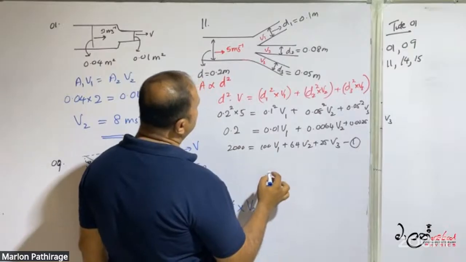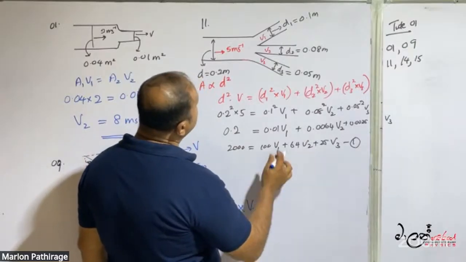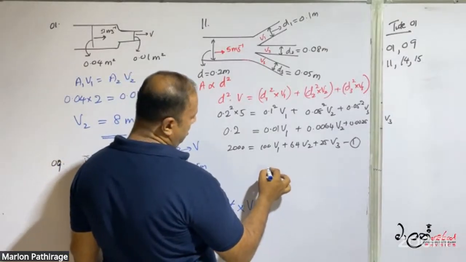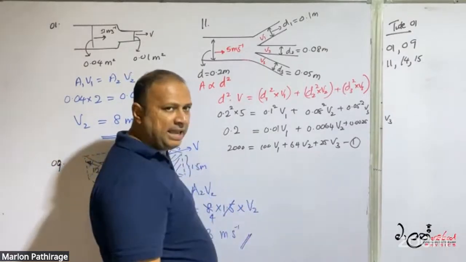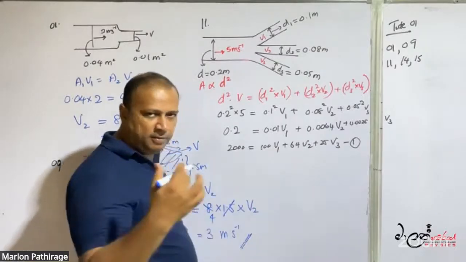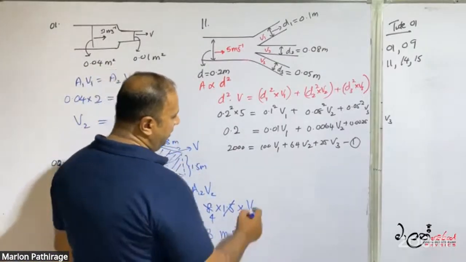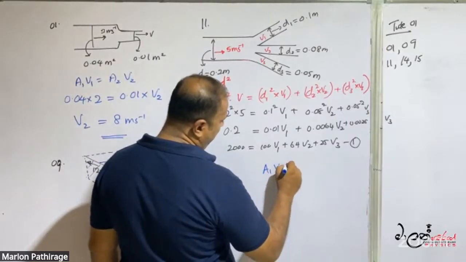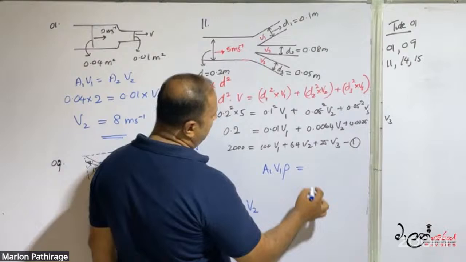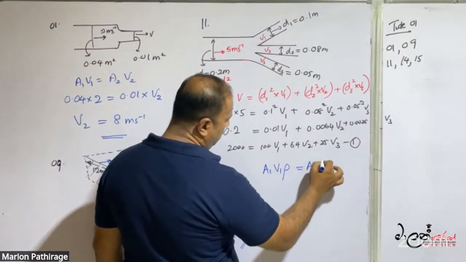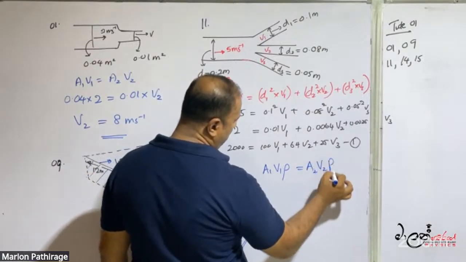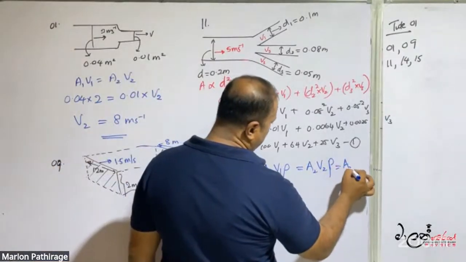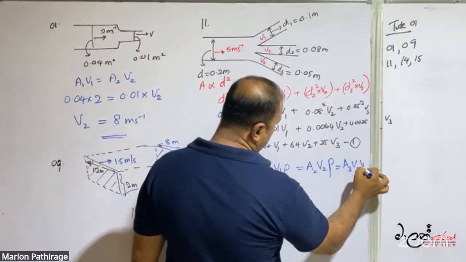Then I can write: mass flow rate means A V rho, so A1 V1 rho should be equal to A2 V2 rho, and that should be equal to A3 V3 rho.